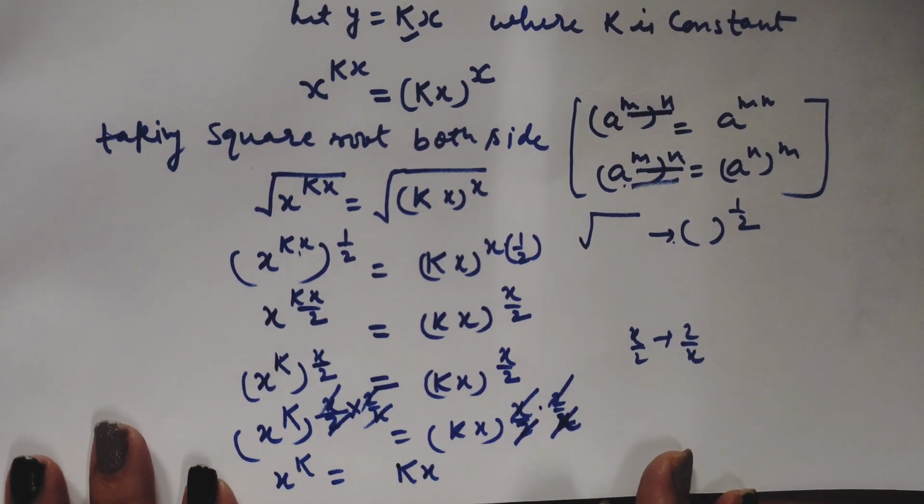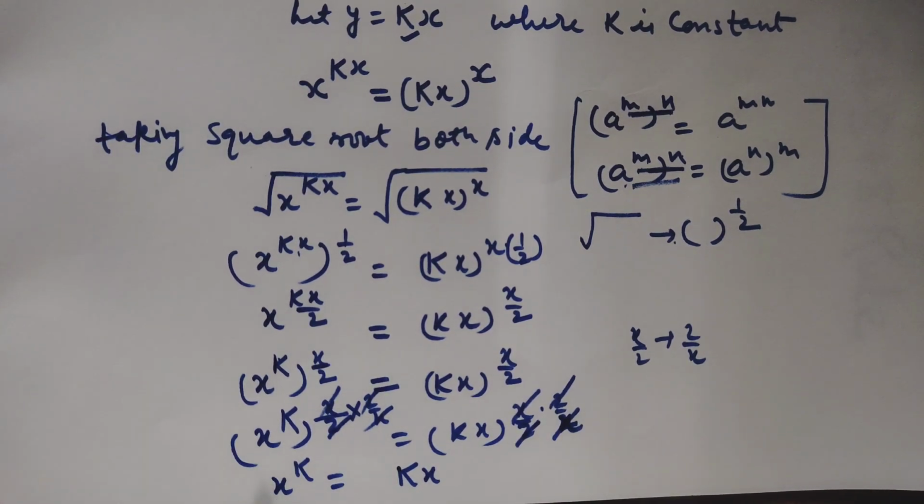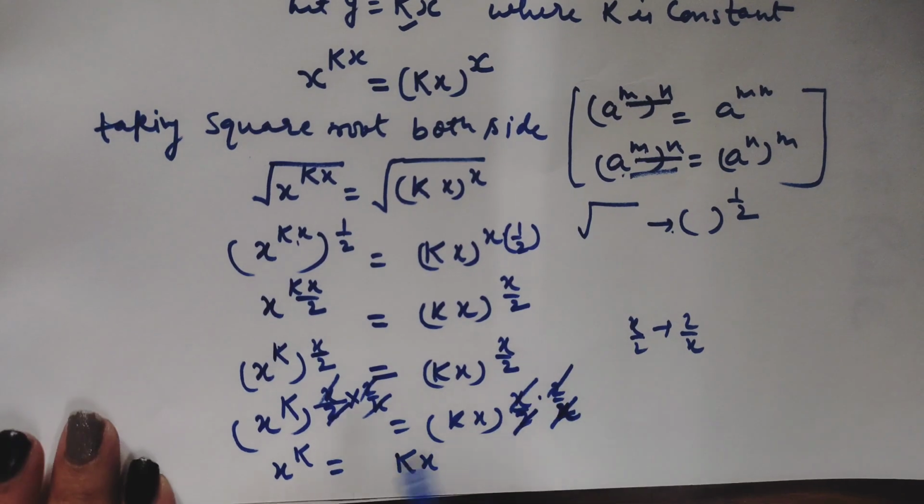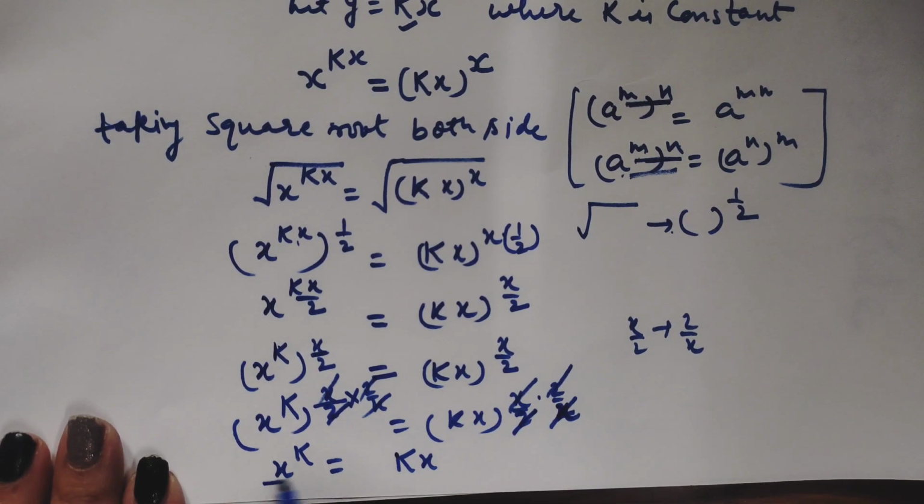Now we need to find the value of x in terms of the constant k. Divide both sides by x.